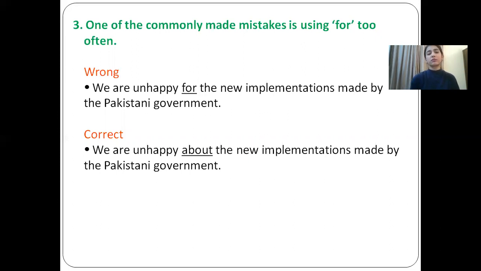This is a wrong statement because the correct form is going to be, we are unhappy about the new implementations made by the Pakistani government. So this is one area that we all really need to work on, especially English language learners. They need to learn to use correct prepositions rather than just using for too often.